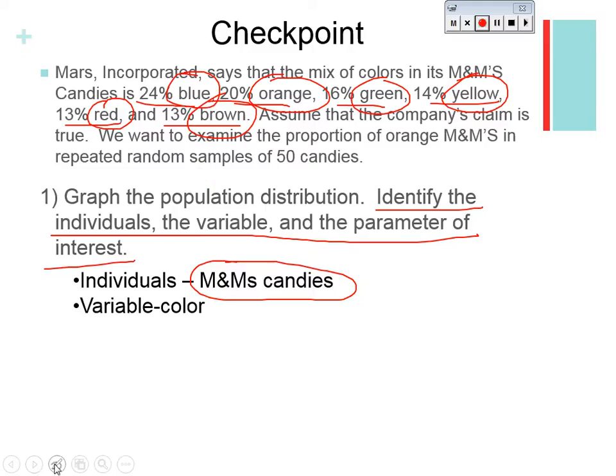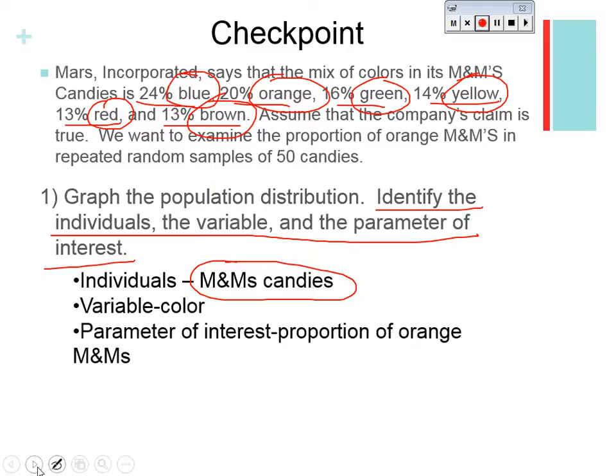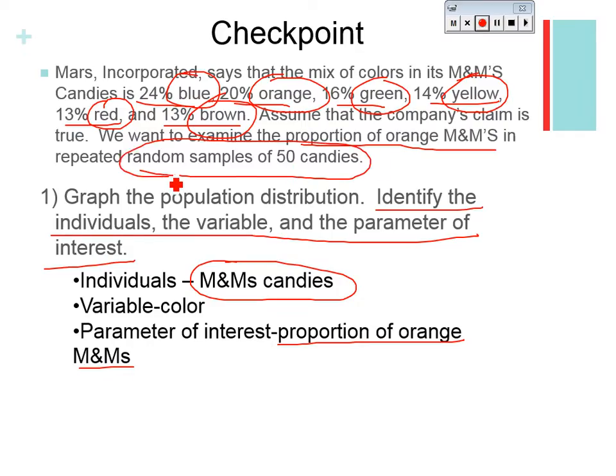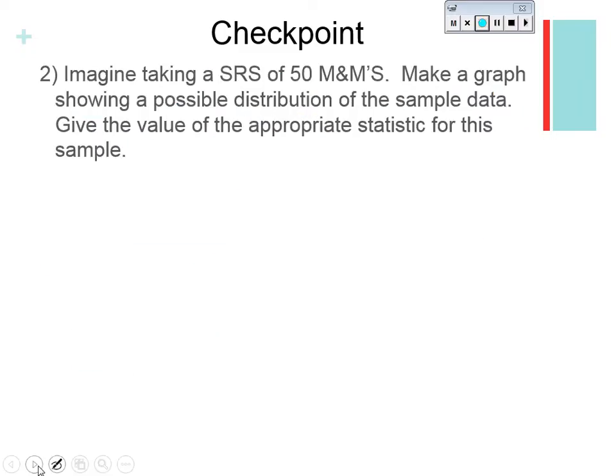And then for the parameter of interest, what we're going to measure here, because it says the proportion of orange M&Ms, that's what we're interested in finding from our sample. And in this case, the sample size would be 50 candies. It didn't ask for that, but it's also important to note the sample size when we're talking about sampling distribution.